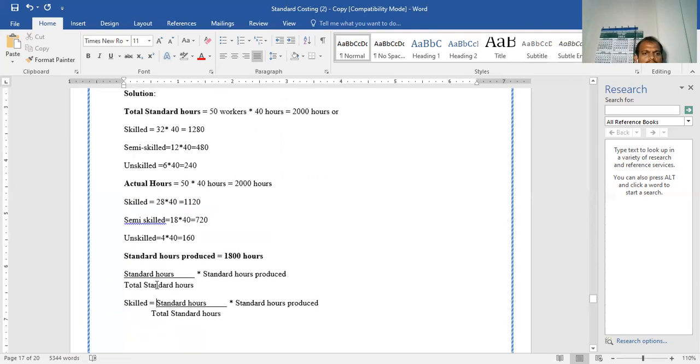For skilled labor, 1280 standard labor hours, total standard hours 2000, but standard hours produced 1800. So finally 1152 hours.